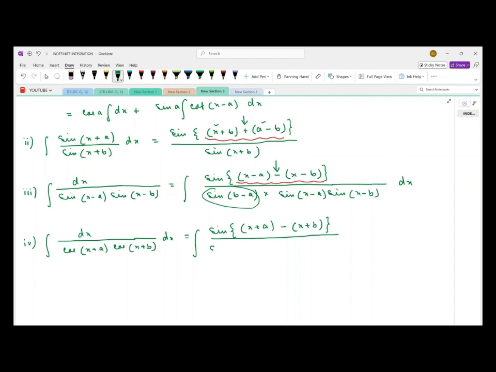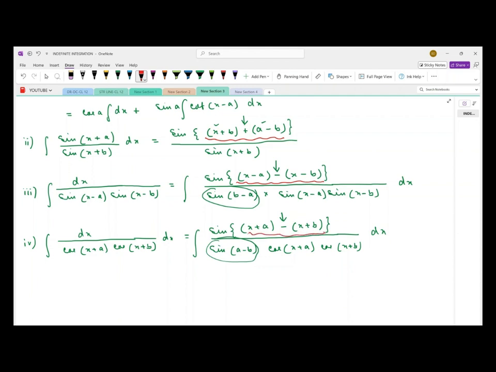So I adjust that: sine a minus b. And of course, this part is constant and will come out of the integration. And the original denominator remains, cos x plus a, cos x plus b, dx. And then after this, you split here, applying the sine a minus b formula. So this is the manipulation.